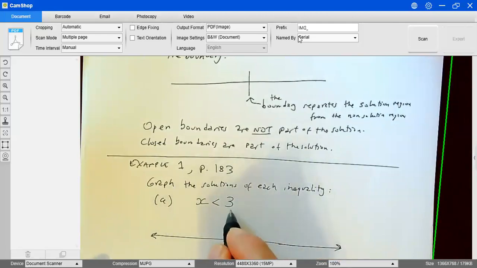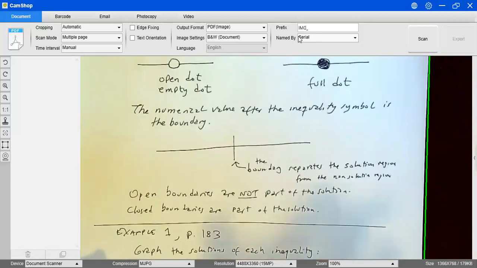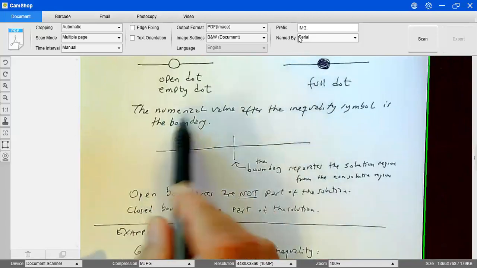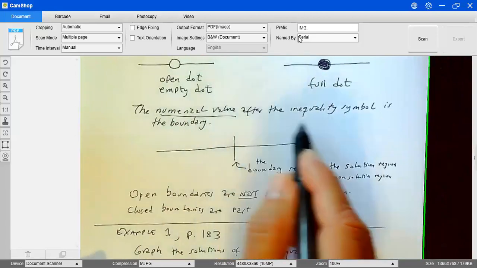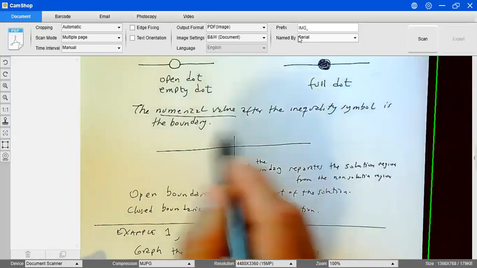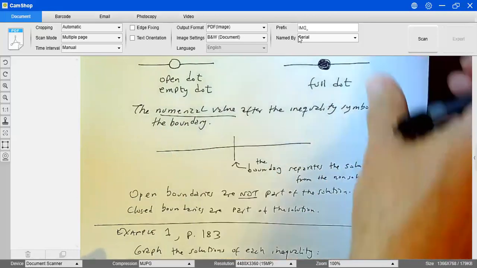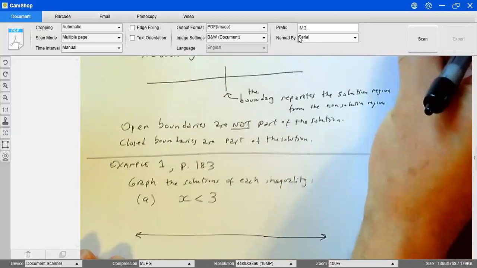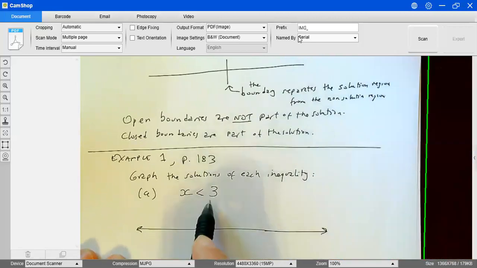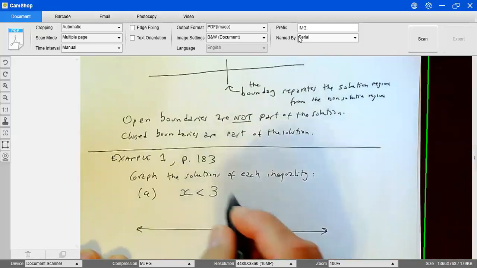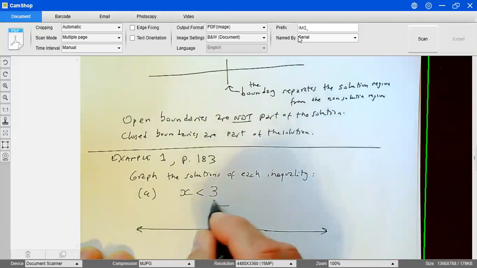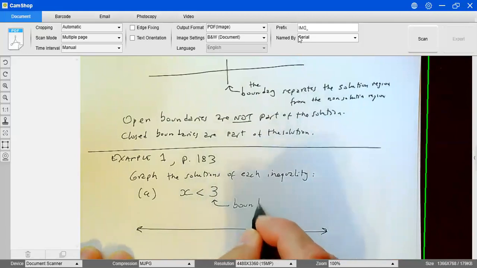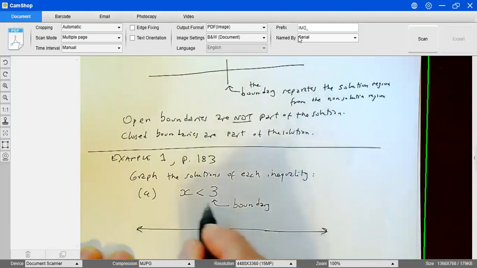We need to understand these things. The number 3 is going to be the boundary. I wrote this here and I didn't say it: the numerical value after the inequality symbol is the boundary, once you get the solution, of course. So 3 is the boundary, and the symbol indicates the kind of boundary.